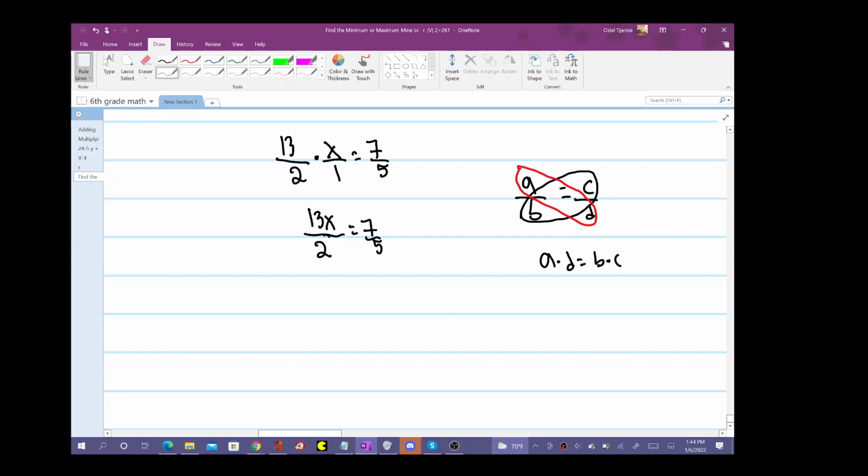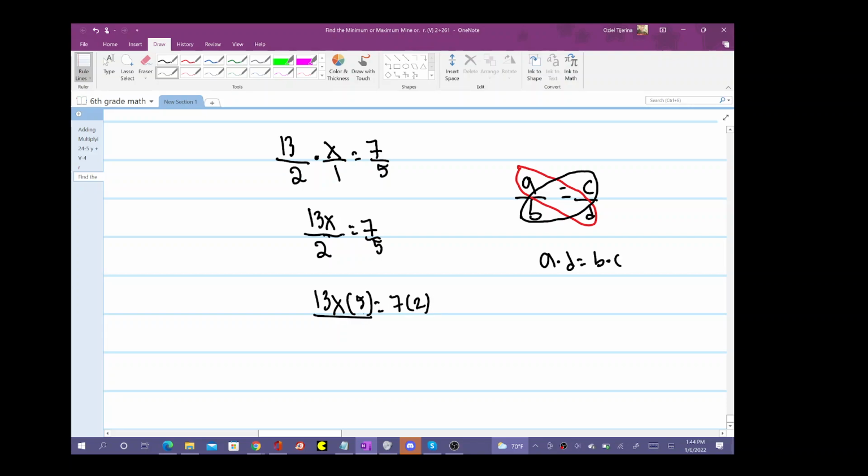Some call it the butterfly method, others call it cross multiplication. Whatever you want to call it is fine, it's that same method. So I'm going to say 13x times 5 equals 7 times 2.